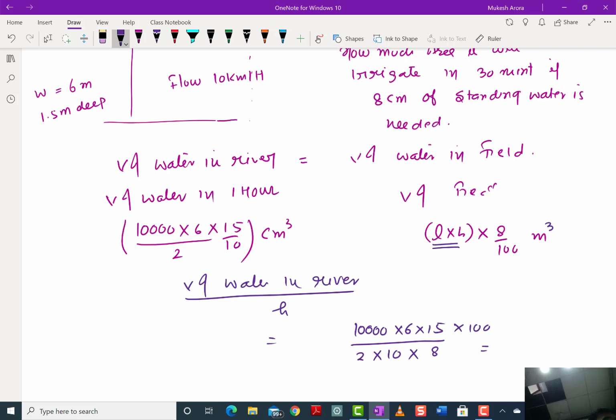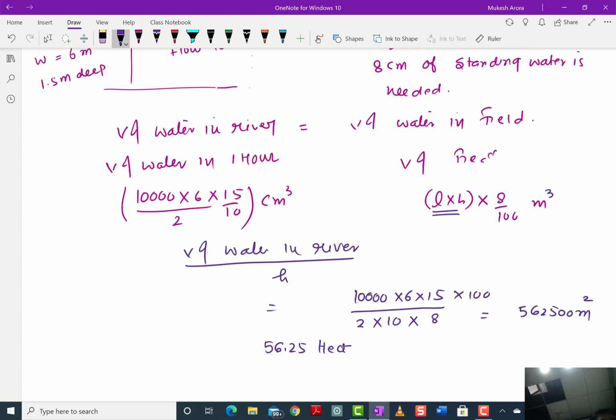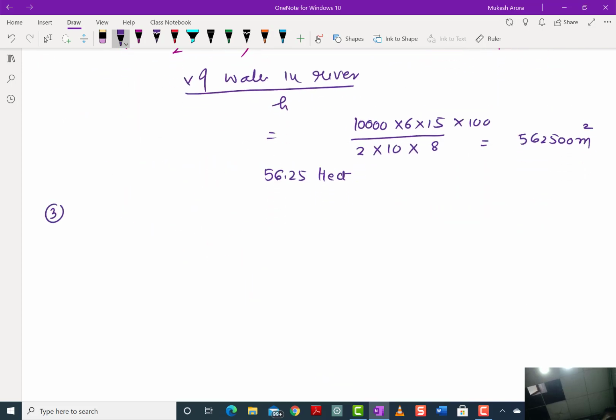So it will be 562,500 meter square, or it will be 56.25 hectares.